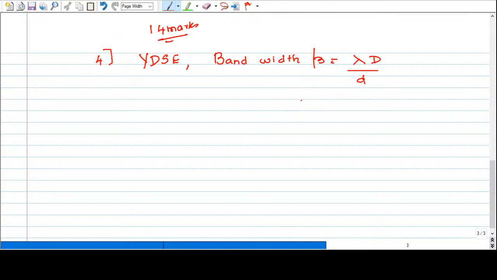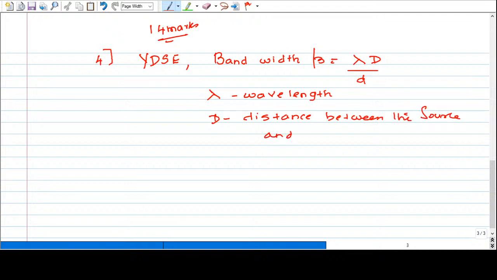Lambda is called wavelength, and capital D is called the distance between the source and the screen. And small d is called the distance between the two coherent sources.